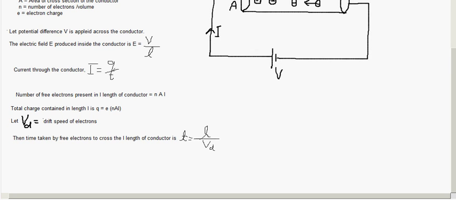So using that basic equation we get time is L by Vd.